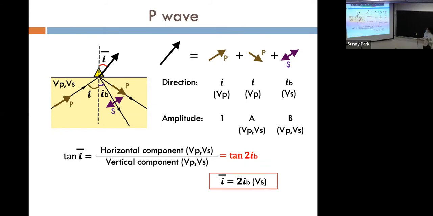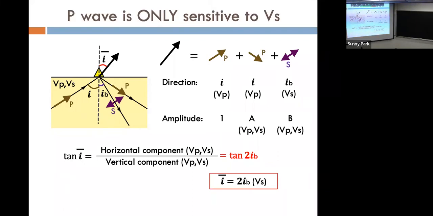This should be surprising because this angle IB, as I mentioned earlier, is only a function of Vs. So even though we're looking at P wave data, this is only dependent on Vs and not at all on Vp. That's quite puzzling, and it's not really intuitive. I still don't have an intuitive explanation for this. That's what theory tells us. If any of you have a good explanation for this, I would be happy to hear it.